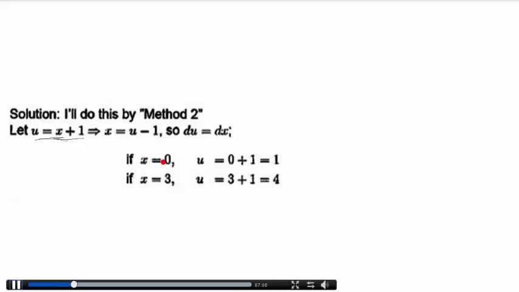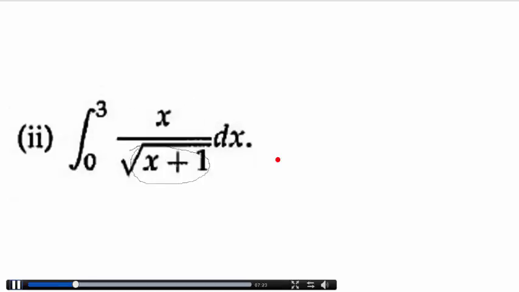So if we substitute x is equal to 0 into this equation, because once we substitute u into our equation, we will have to do everything in terms of u. In this, you can see this is our integral sign with respect to dx, and this is our upper limit, and this is our lower limit.